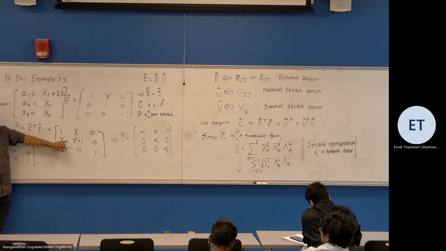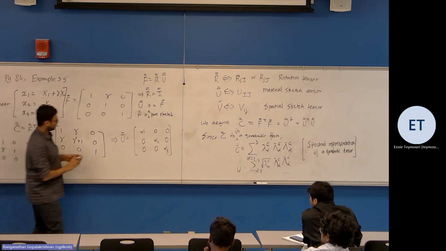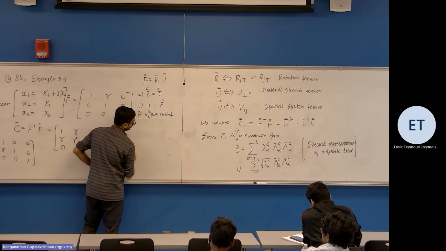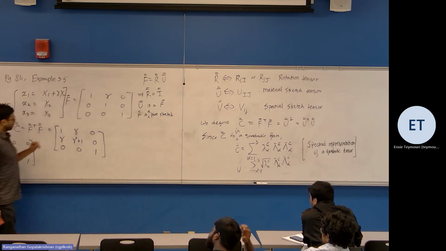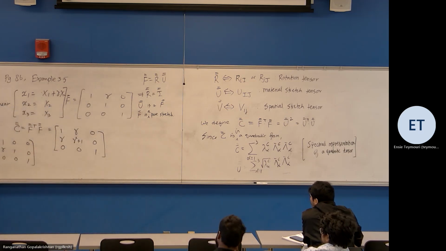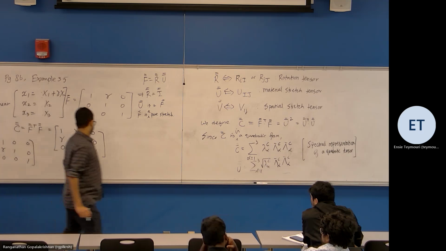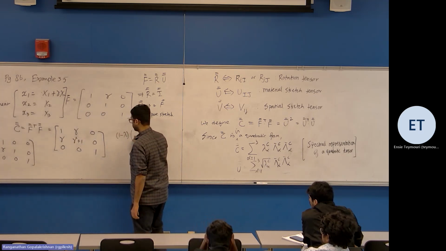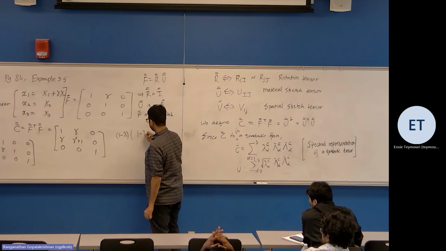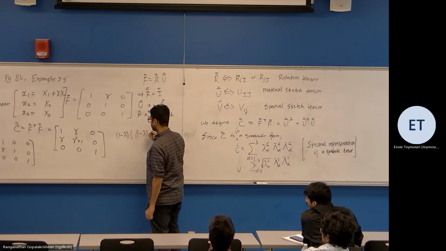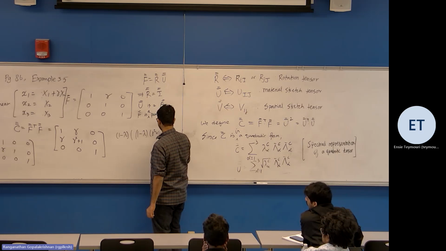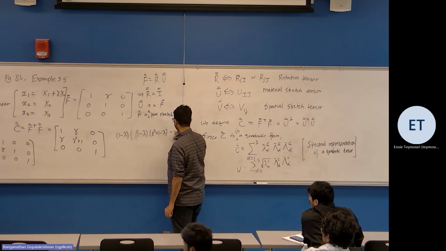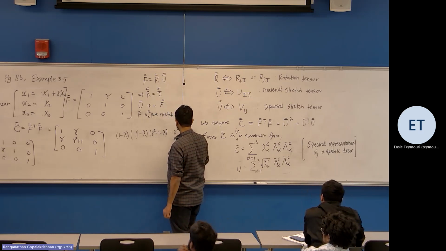Now, we need to quickly figure out, of course, this is not directly true. What are the eigenvalues for this tensor? I can write 1 minus lambda times 1 minus lambda times gamma squared plus 1 minus lambda minus gamma squared equal to 0.